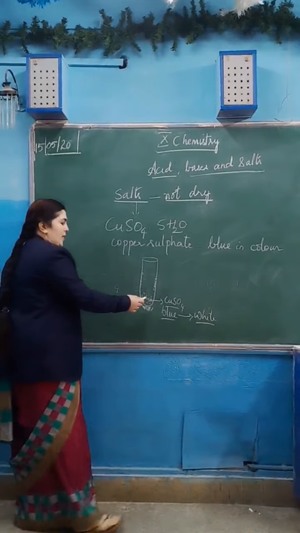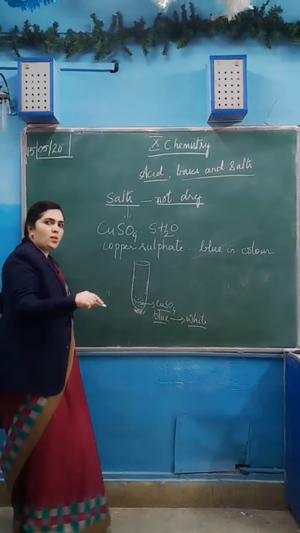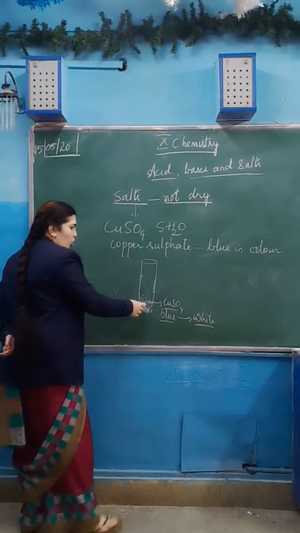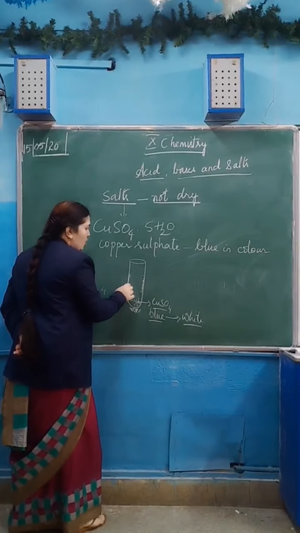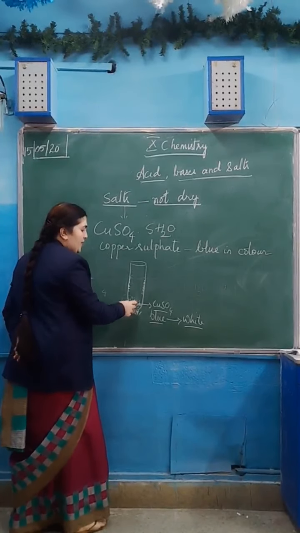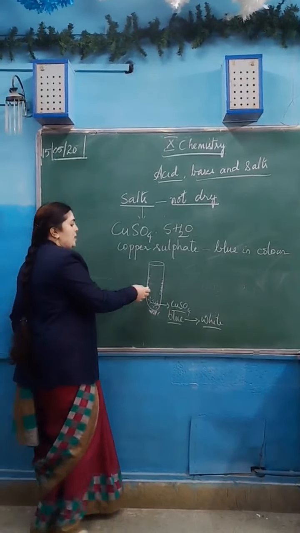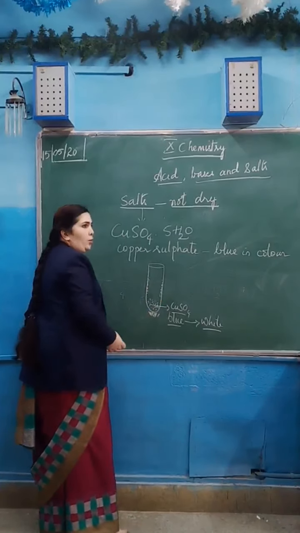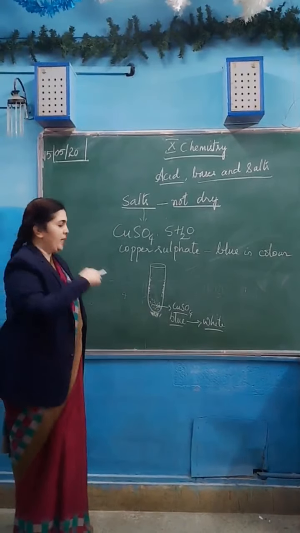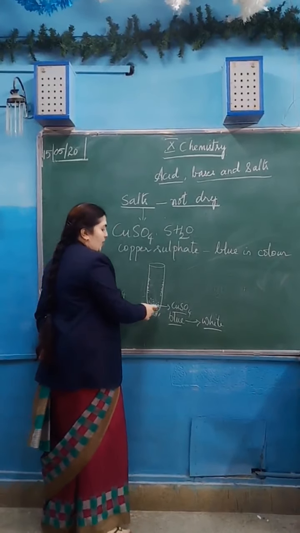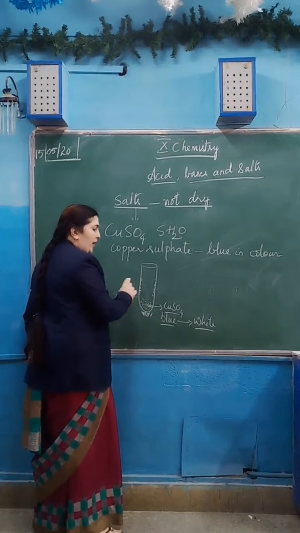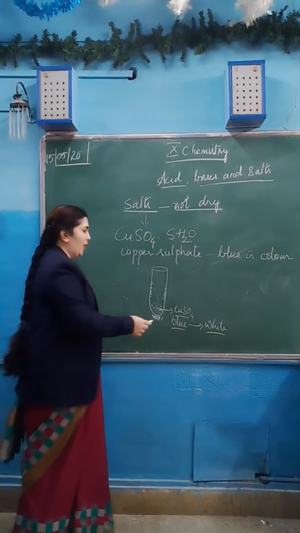The change of color also shows there are water molecules, and the droplets of water present here have come from this salt only. You can infer that the salt contained water, and the color also changes.